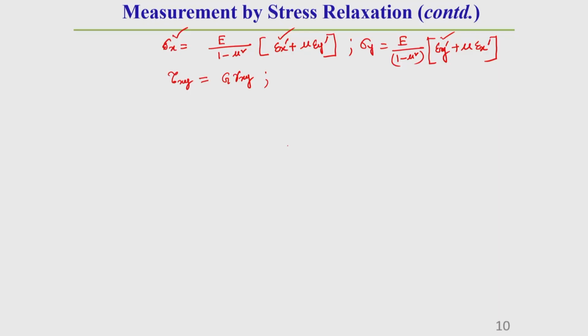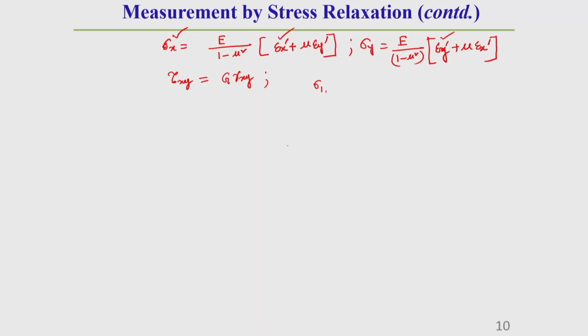If you know sigma x and sigma y, there is a relationship between sigma x, sigma y and the principal stress. That thing is very well known to you, I am not going into detail. So, the principal stresses sigma 1, 2 are equal to sigma x plus sigma y divided by 2, plus or minus square root of sigma x minus sigma y by 2 whole square plus tau xy whole square.